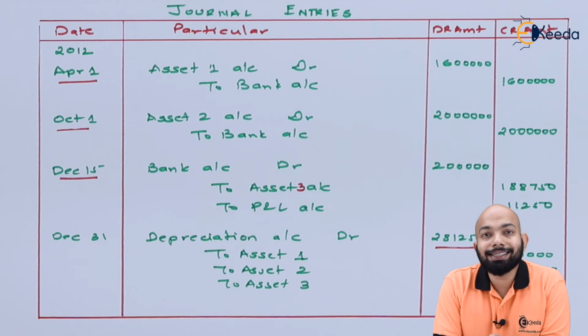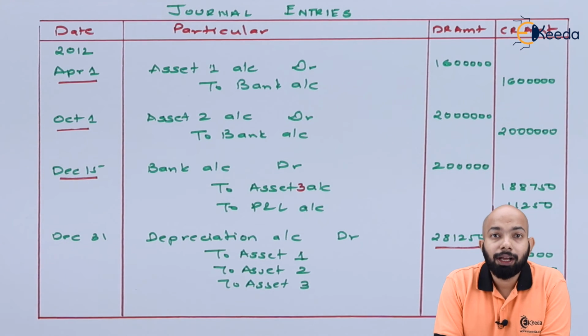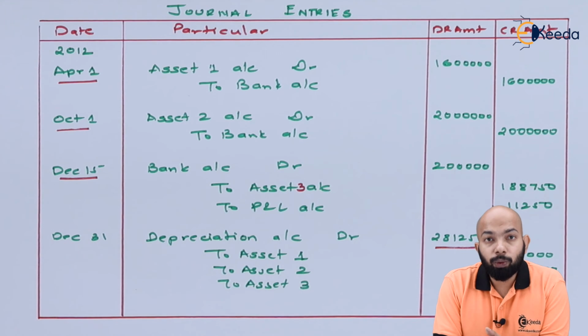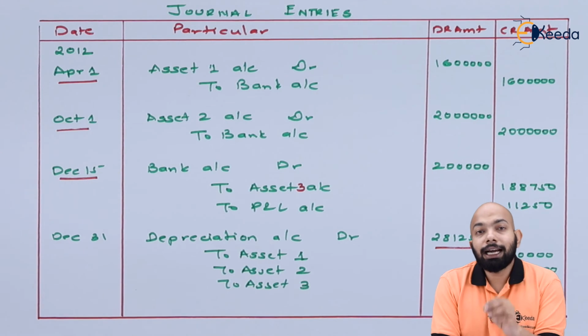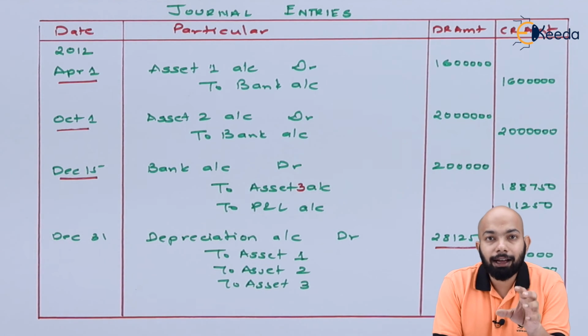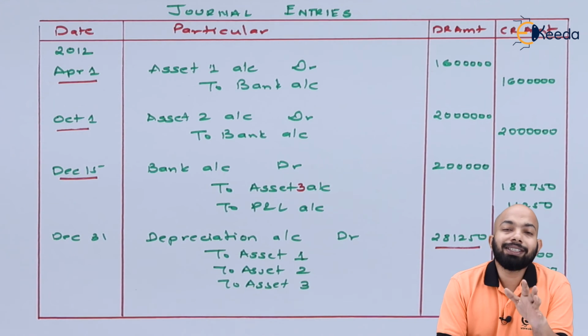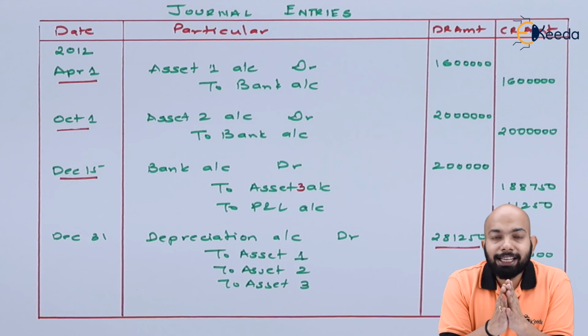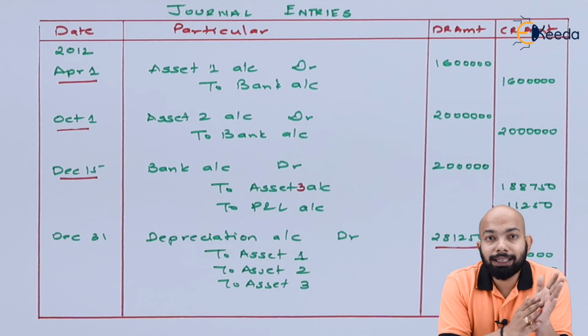As you can see, this is the straight line method, where we can figure out how to solve the depreciation problem under this kind of category, where there is a sale of asset and also a purchase of asset as well.